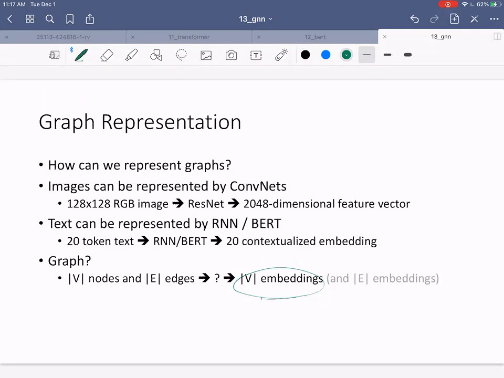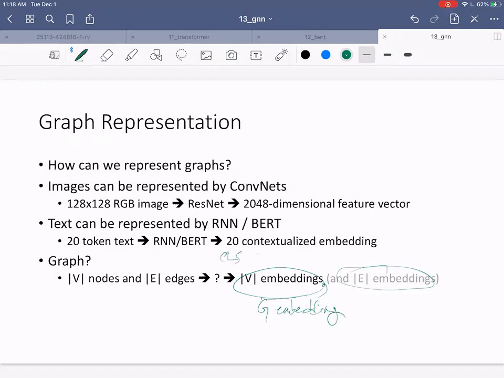If you have a chemical compound, then you want the representation of each atom. And possibly you might want an embedding of the edges as well, which is not super common, but sometimes there could be a task that requires you to learn edge embeddings. And also, you might want to embed the graph itself, the G embedding, the embedding of the entire graph, like the CLS embedding.